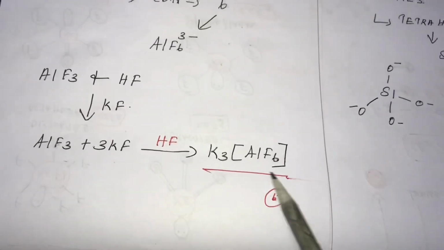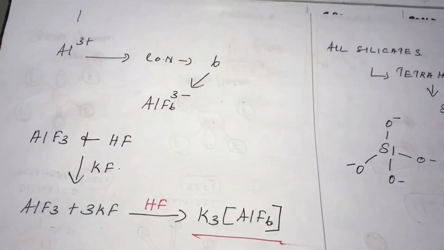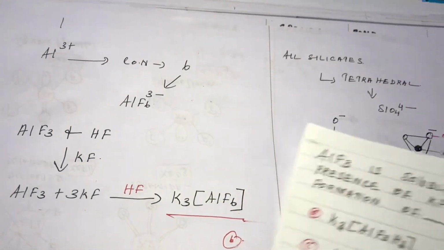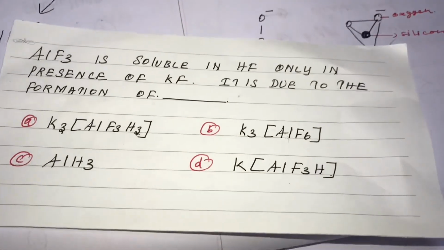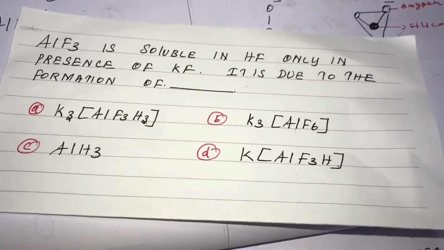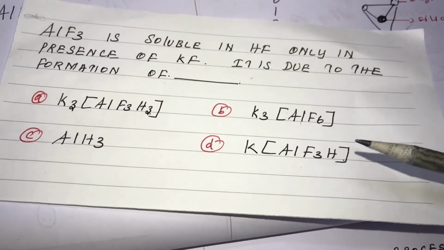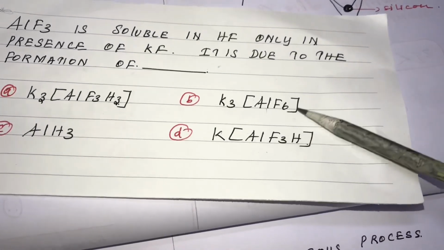So this is the coordination compound formed when aluminum fluoride reacts with potassium fluoride in hydrogen fluoride, according to coordination number 6. So aluminum fluoride is soluble in HF in the presence of KF, and the compound name is K3AlF6. B is the correct answer.